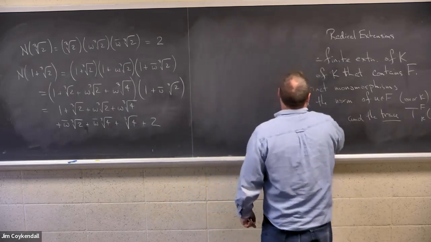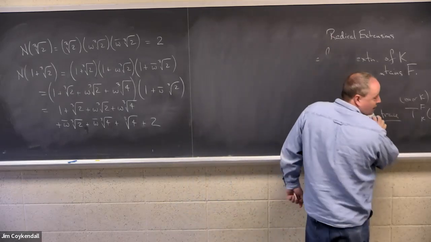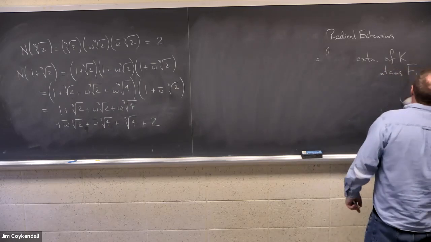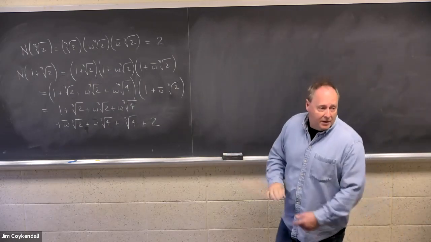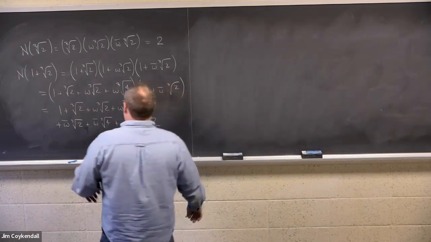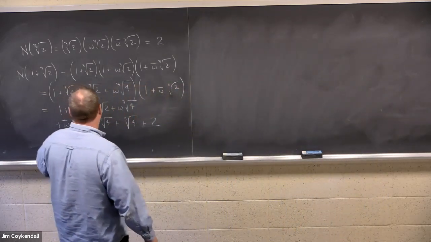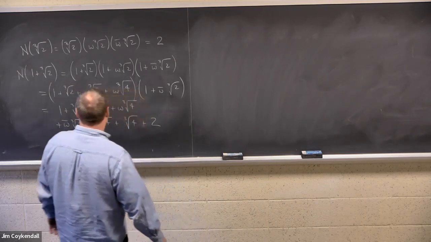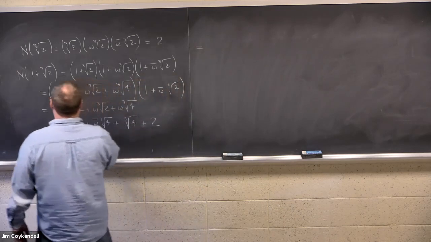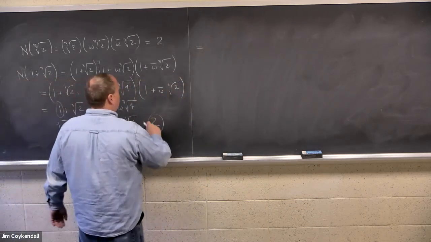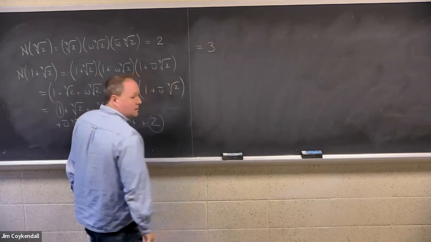So is this linear? Actually, no, the norm isn't, but the trace is. Okay. Looks like a mess, right? But notice, let me group things sagaciously. Let's see, I get a 1 and a 2, so I'll call that 3.